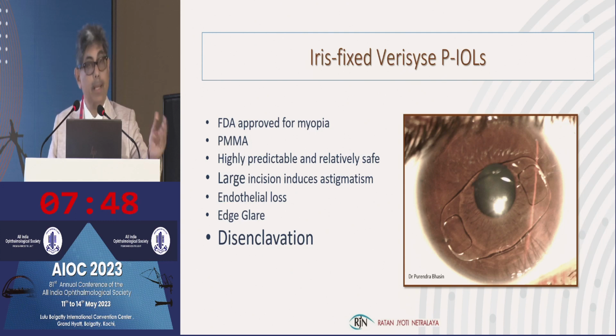The results were highly predictable and it was relatively safe, but we required a large incision, which induced astigmatism. Large means a 5.5 millimeter incision, and endothelial cell loss was one important issue. But if case selection was good, there was less of an issue, although disenclavation could occur, as in this particular case you can see one haptic is dislodged and lying in the anterior chamber in the lower side. So this was commonly seen.